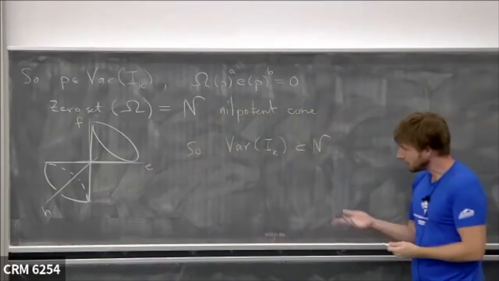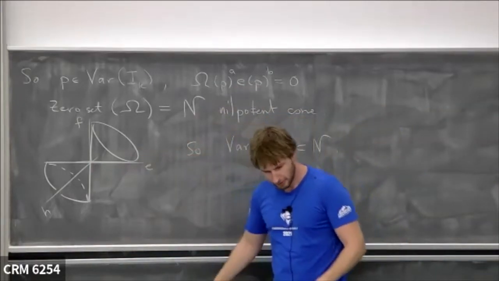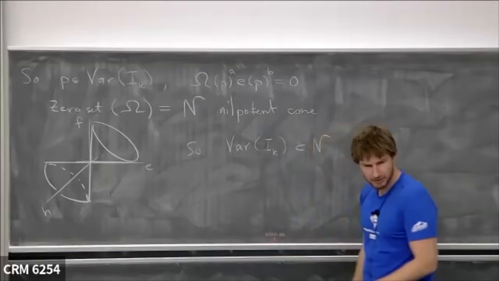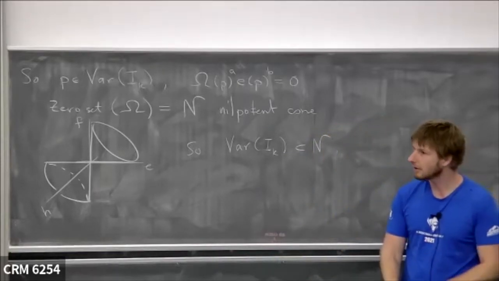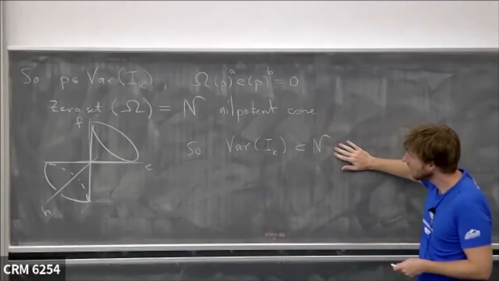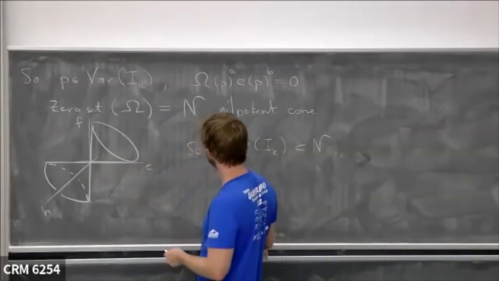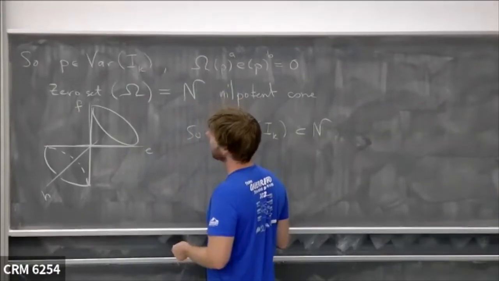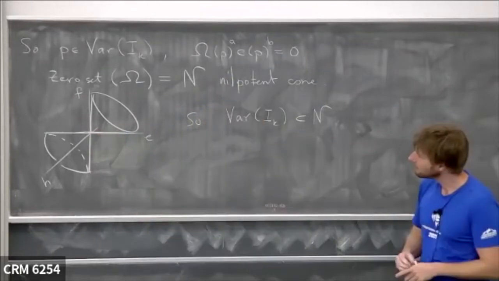And then Tomoyuki used this. Because you said the 0 set goes into the nilpotent cone, it could be 0, and it would either be 0 or the nilpotent cone.